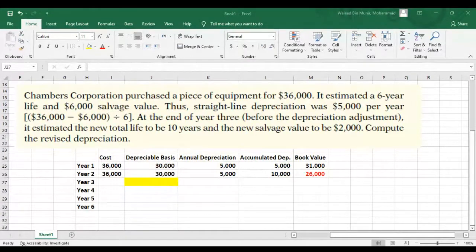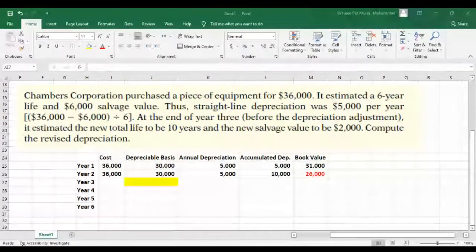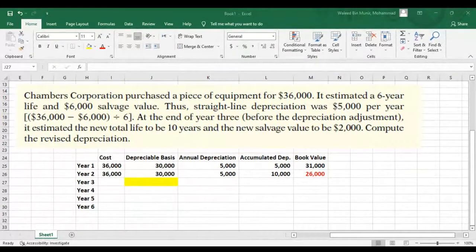Imagine now, it is like a new question in year 3. What is the remaining book value before the start of the year? Yes, thank you very much. Is it clear, Abdul Aziz? It should be 26 minus 2000.